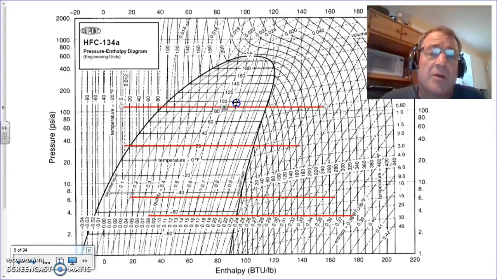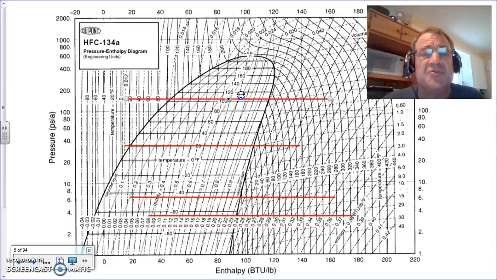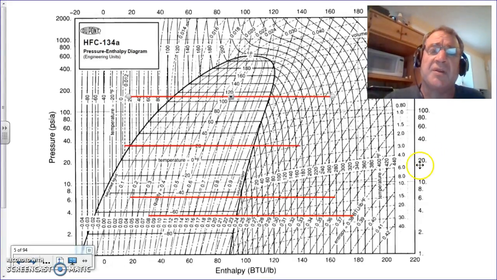Usually when we have an air-cooled condenser operating in an 80-degree Fahrenheit ambient, our condensing temperature is usually around 110, we'll say 115 degrees Fahrenheit, because we're usually condensing the refrigerant at a temperature about 30 degrees higher than the ambient temperature so that heat can flow from the condenser into the ambient air.